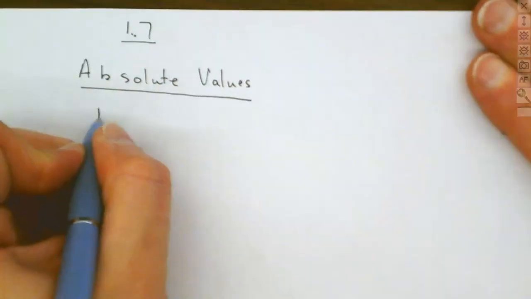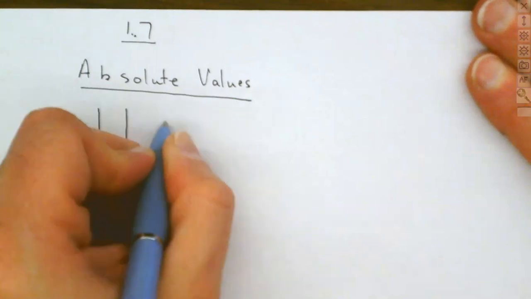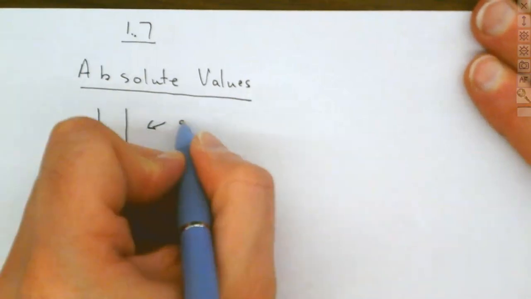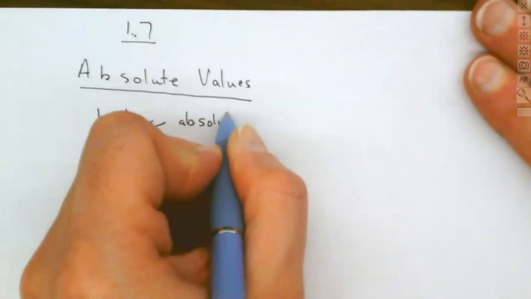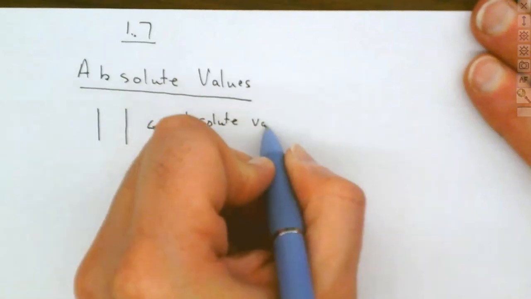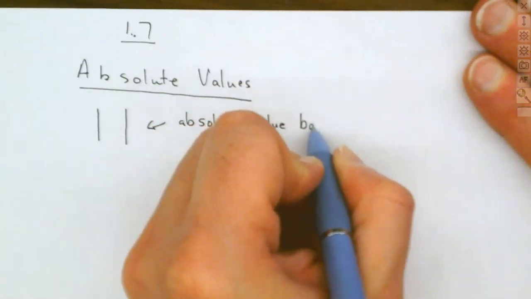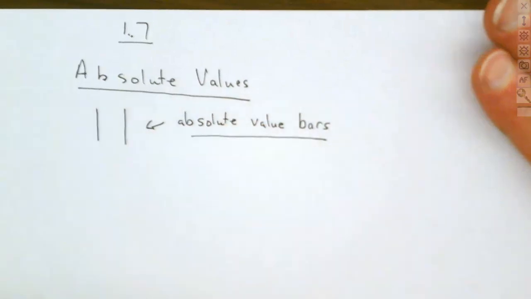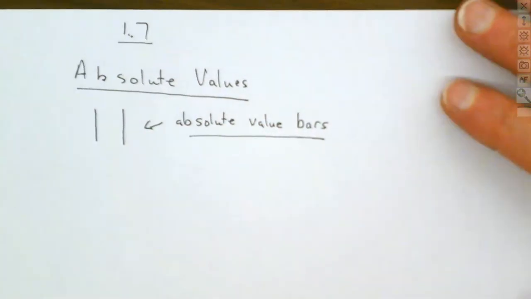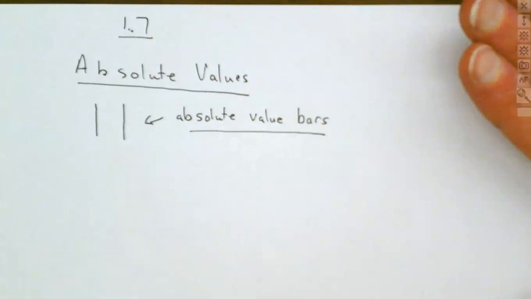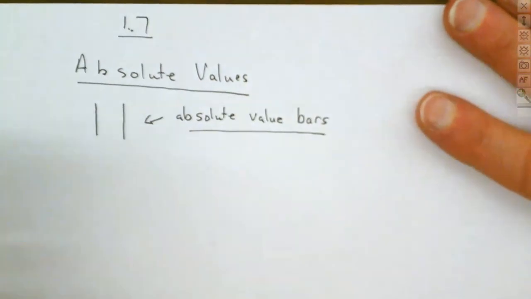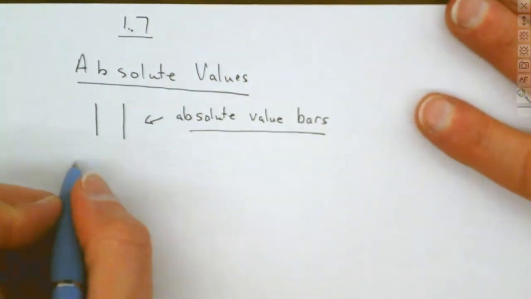These are called absolute value bars. And what happens when I take the absolute value of a number? Let's see what happens when you take these absolute values.